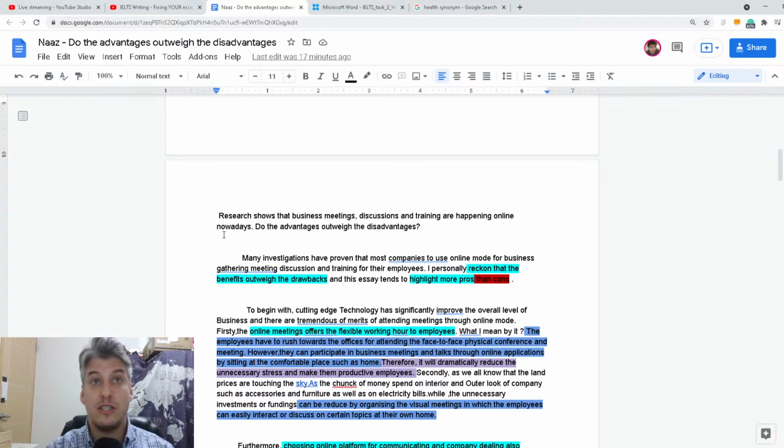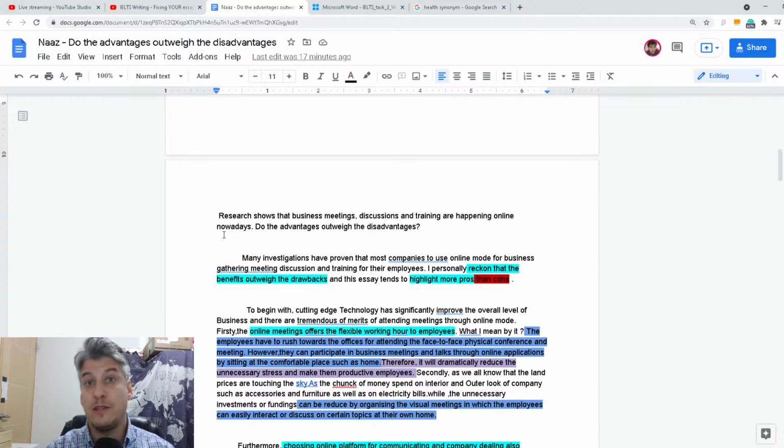Do the advantages outweigh the disadvantages? So what we need to do really in the introduction is to introduce the main idea. Here, the main idea is that businesses are using some form of online platform.